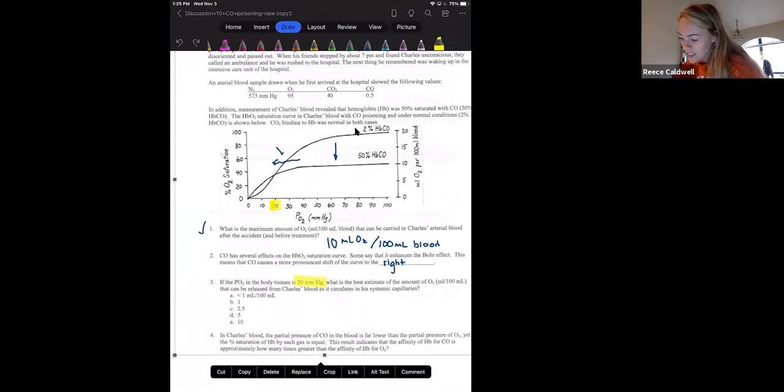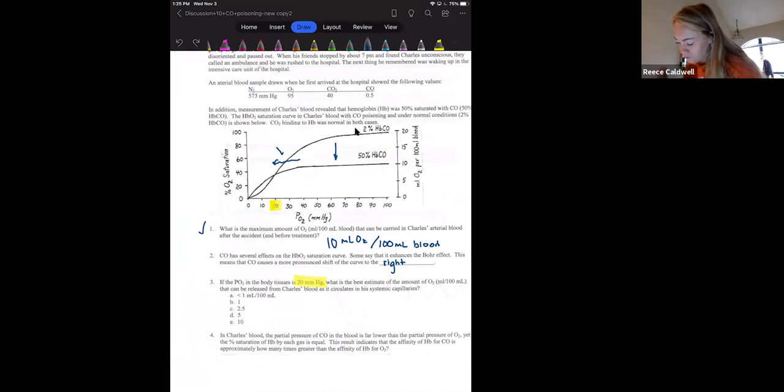So what we're going to take from this is you need to mark that point on the curve. So you go like this, you mark it there, and then you go over.